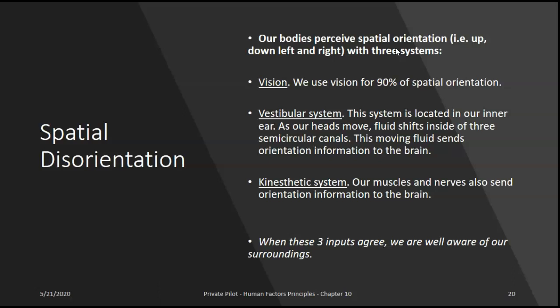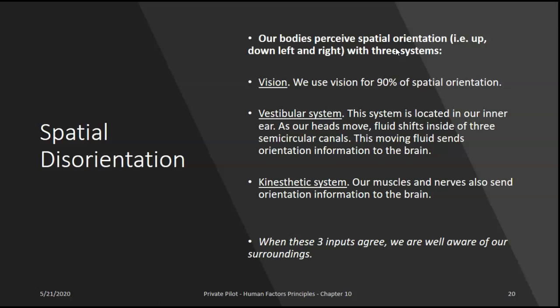The second system is our vestibular system, which is located in our inner ear. When our heads move, fluid shifts inside of three canals within our inner ear, and this moving fluid stimulates nerves that send orientation information to our brains.